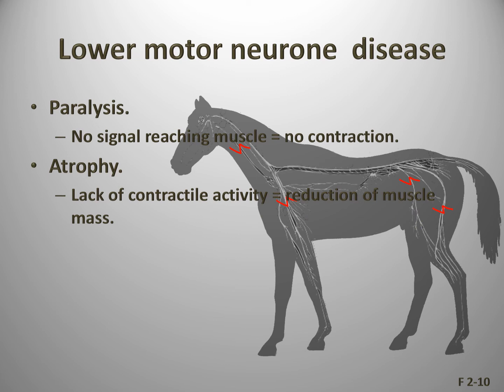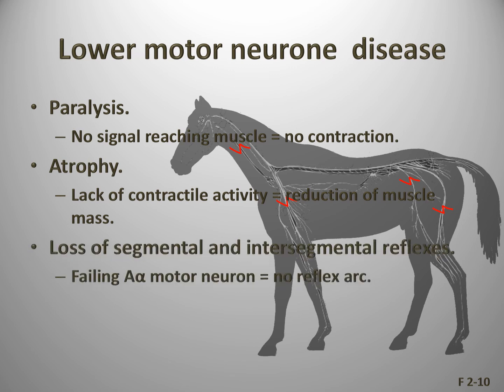The clear evidence that there is a lower motor disease is that due to the absence of motor activity, the muscles will undergo atrophy. The other observation will be the lack of segmental or intersegmental reflexes, because if the alpha motor neuron is damaged, there will not be a reflex arc.